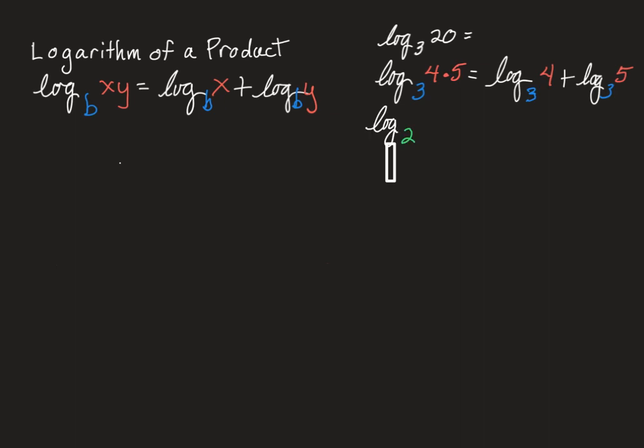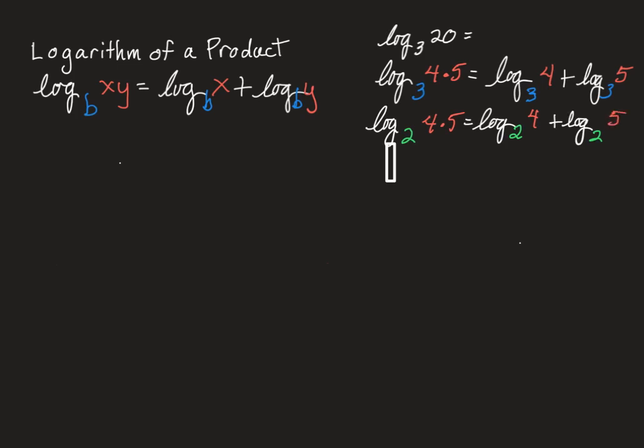The log base 2 of 20 would be the log base 2 of 4 times 5, and that would equal the log base 2 of 4, which looks interesting, plus the log base 2 of 5, which is rather less interesting.